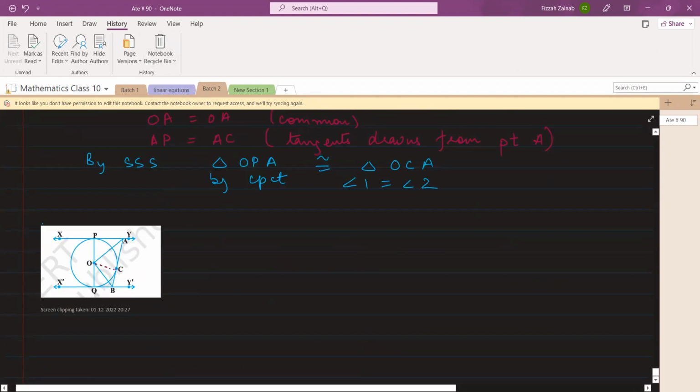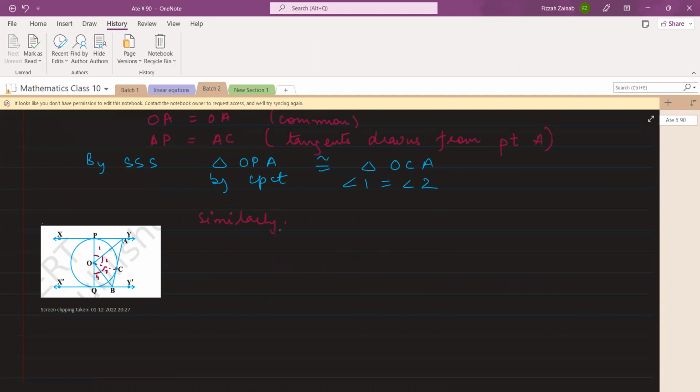So I have joined it. So this was 1 and this was 2. Now take this triangle, 3 and 4. So similarly, you don't have to prove it, you can write similarly: triangle OCB will be congruent to triangle OQB by the same method. And by CPCT, this time angle 3 will be equal to angle 4. Is that okay? Yes.